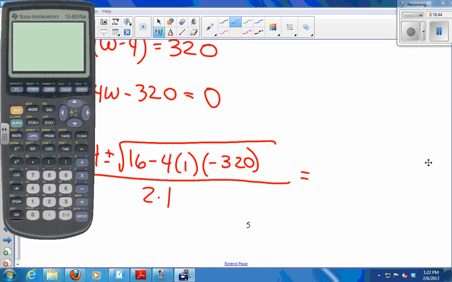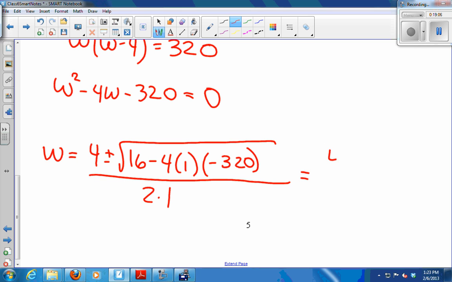Okay, so 4 times 320 is 1280, and it should be positive because I have a negative 4, positive 1, negative 320. So I have 1280, add 16 to it. Take the square root of that, and I get 36. So I have 4 plus or minus 36 over 2. So 4 plus 36 is 40, over 2 is 20.